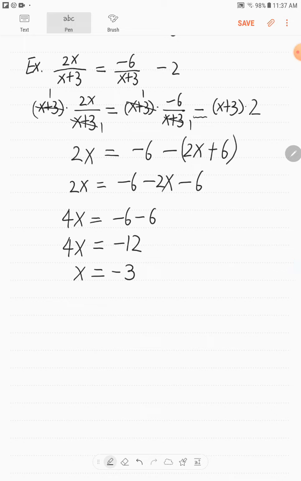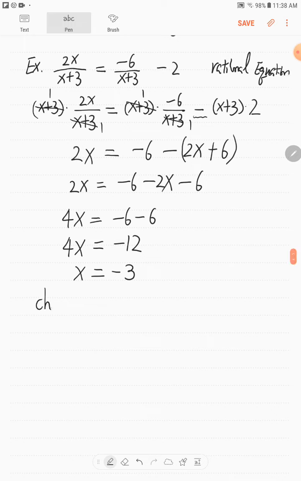The reason is, when we have some x terms in the denominator, you should be careful that some x value will make the denominator 0. So at last, we need to check the solution for rational equations. If you have rational equations, always check your solutions.